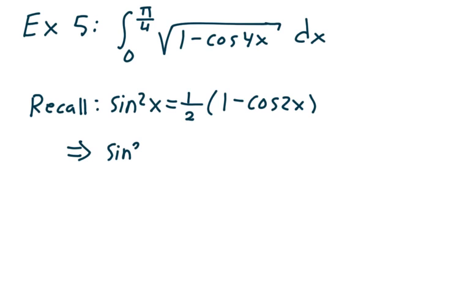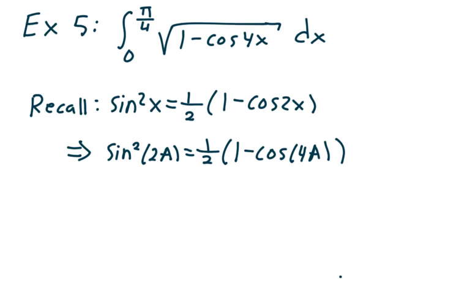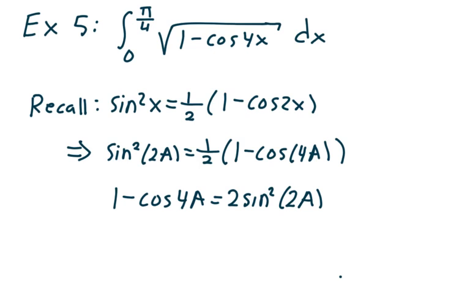And so sine squared of 2a is 1/2 of 1 minus cosine of 4a. And then I'm going to solve for 1 minus cosine 4a. So 1 minus cosine 4a is 2 sine squared of 2a. Now, so this is nice, because now watch what I'm going to do.